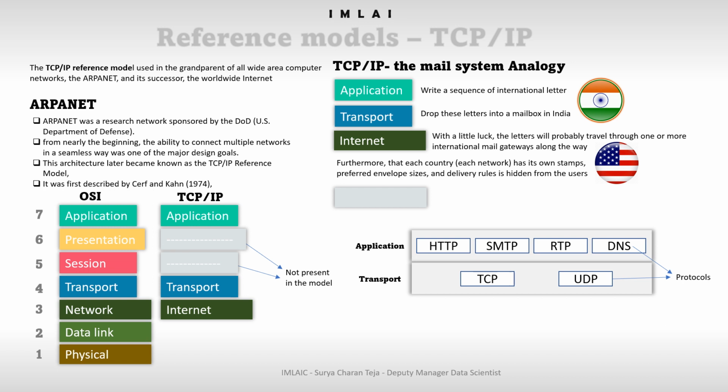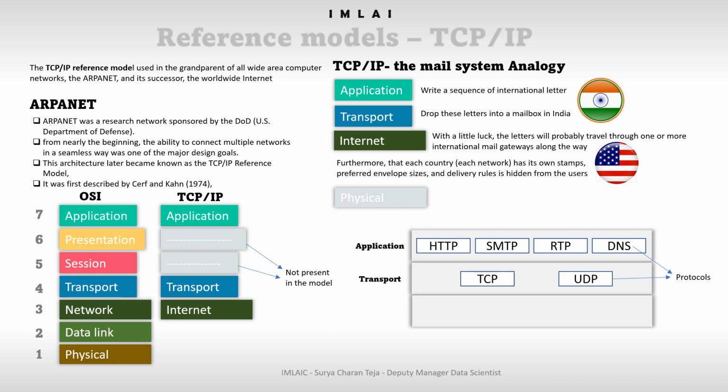The job of the internet layer is to deliver IP packets where they are supposed to go. Packet routing is clearly a major issue here, as is congestion, though IP has not proven effective at avoiding congestion.